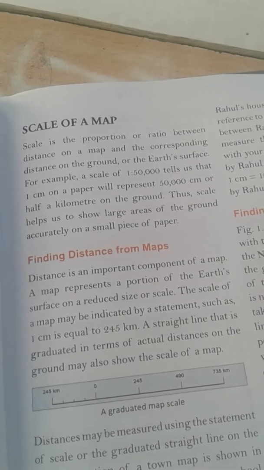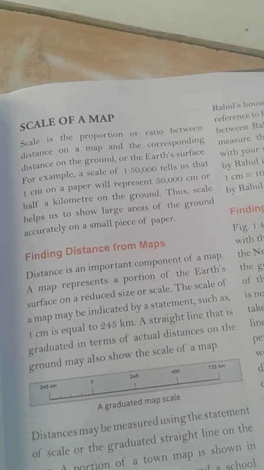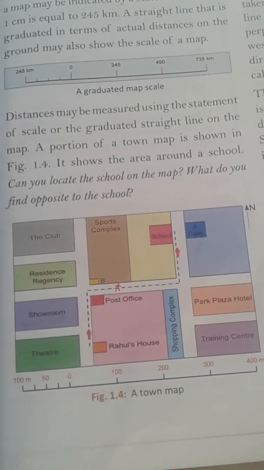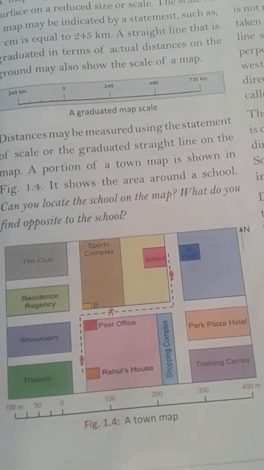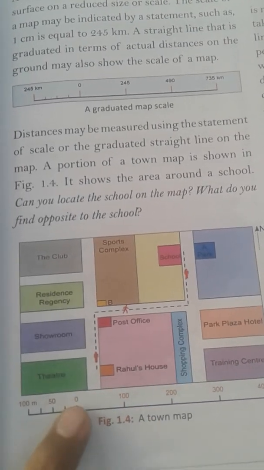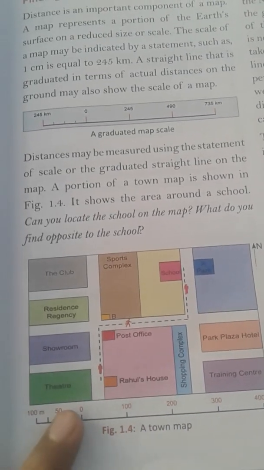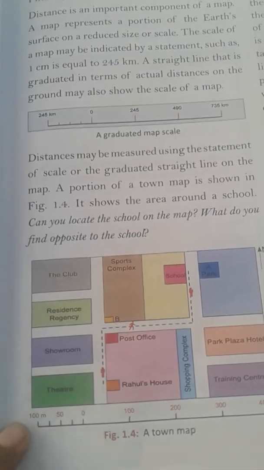A straight line is shown to give the actual distance on the ground. Like in this, it's a portion of a town. It shows the area of the school. Here you can see the distances like 0, 100, 200, 300, 400 and to the left 50, 100 meter, 150 and so on.